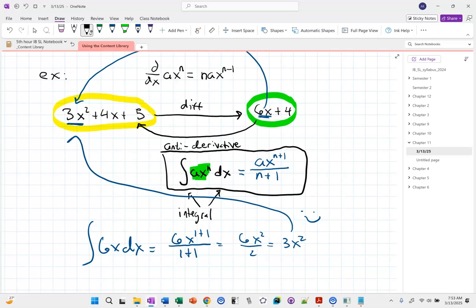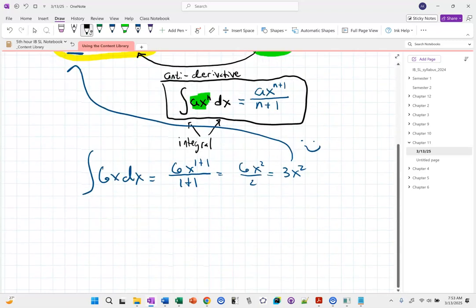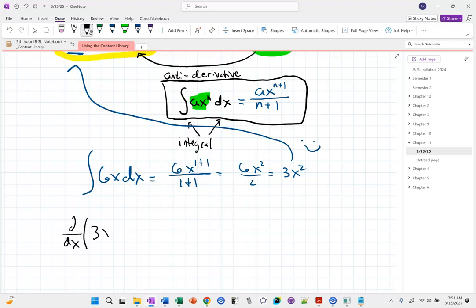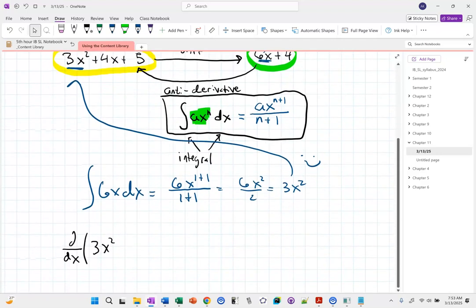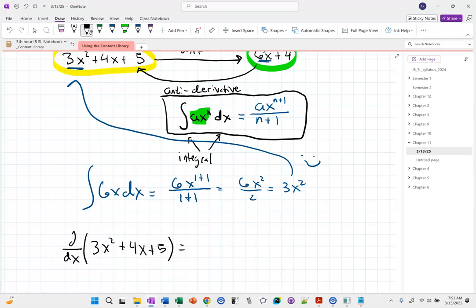And just like how if I wanted to take the derivative of 3x squared plus 4x plus 5, we can distribute that derivative operation through and pull the coefficients out front. Right, we can do that kind of stuff. You guys remember that? It's a rule for derivatives.